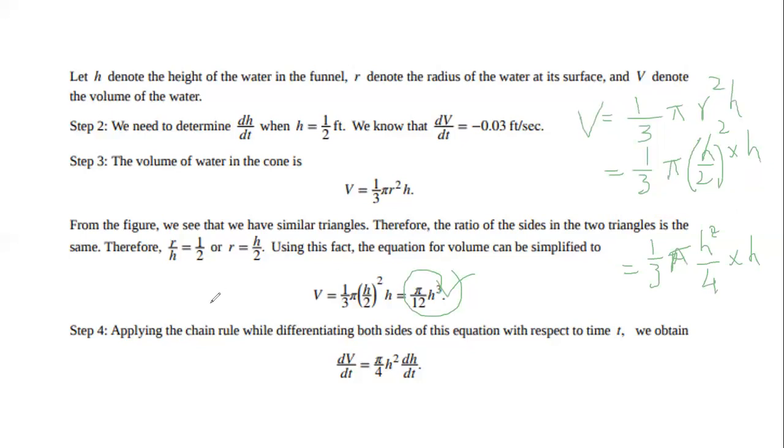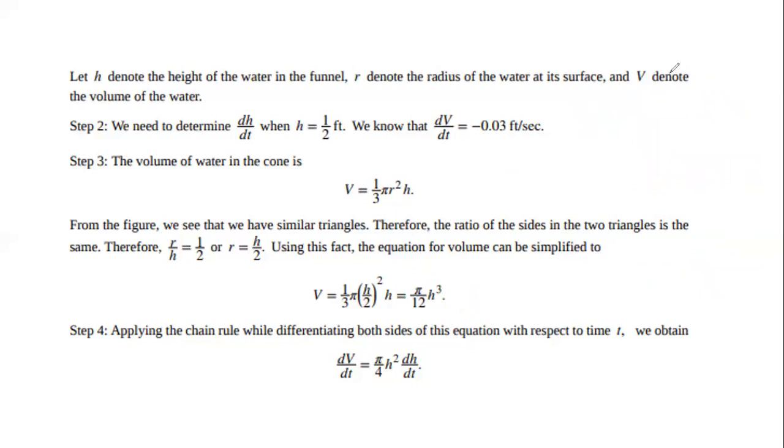Now I have to apply the chain rule to differentiate it. V equals 1 upon 12 pi h cubed.